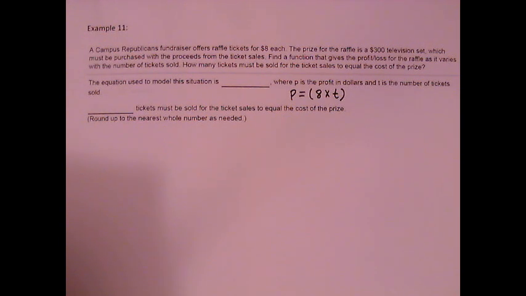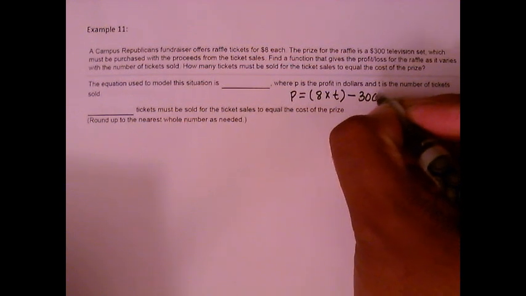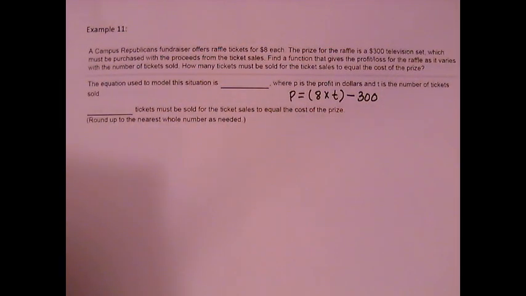Now the prize for that raffle is a $300 television set that has to be purchased with the proceeds from the ticket sales. So minus 300. We have to subtract 300 from the proceeds from those ticket sales. That will be your equation to model that function: P is equal to 8 times T minus 300.